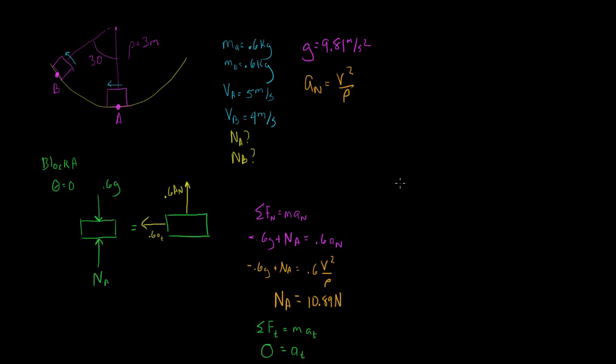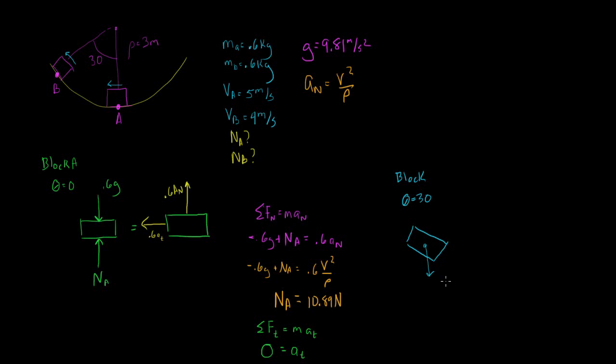So let's take a look at block B. And block B occurs when theta is equal to 30 degrees. So this is theta, and it's equal to 30 degrees, has a velocity of 4 meters per second. So let's draw the free body diagram of block B. And it's going to have a weight that comes straight down.